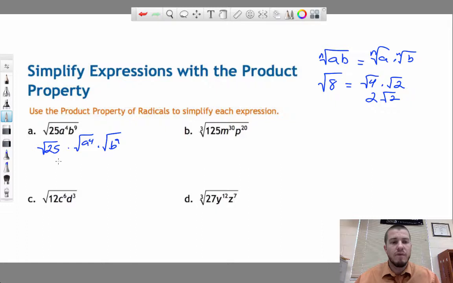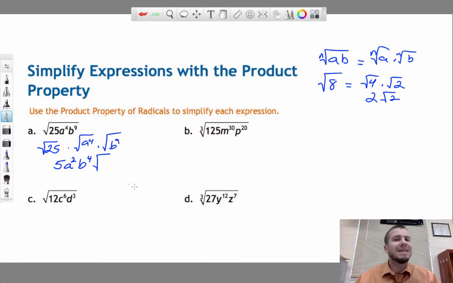So the square root of 25 is 5. I don't have to do any work for that if you know it. The square root of a to the 4th is a squared, and it goes in evenly. 2 goes into 4 evenly twice, so there's nothing left. And this one, 2 goes into 9 4 times. So it's b to the 4th, but it doesn't go in evenly.